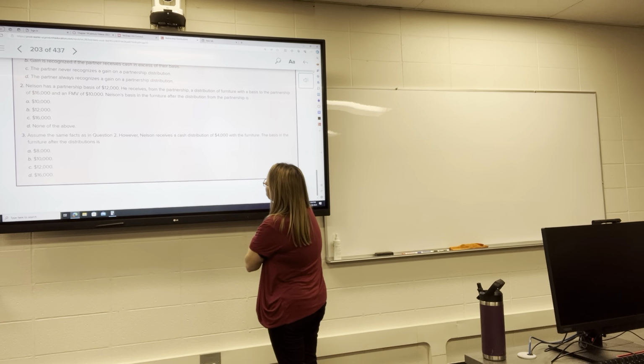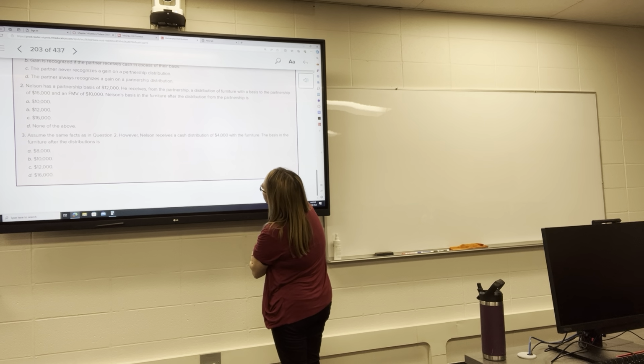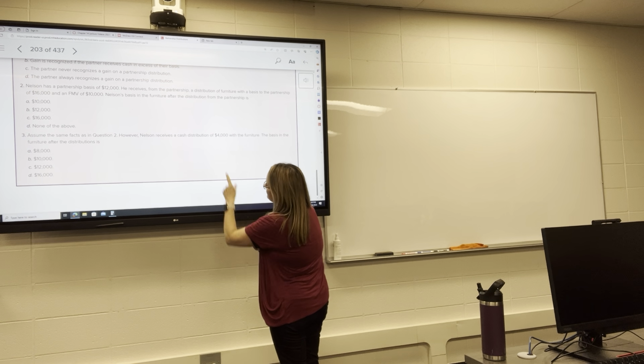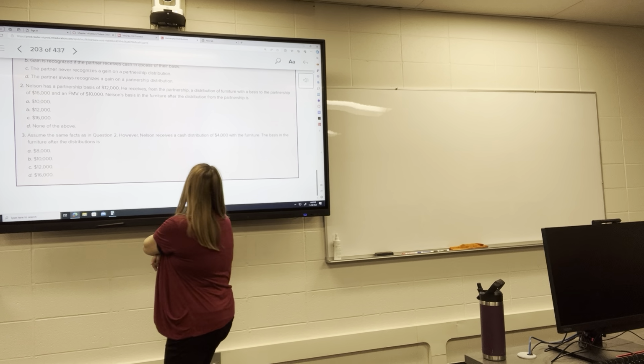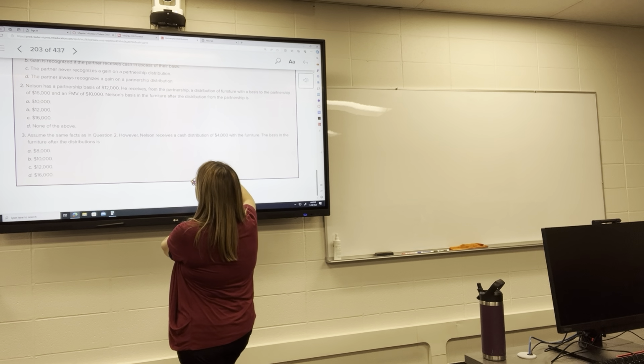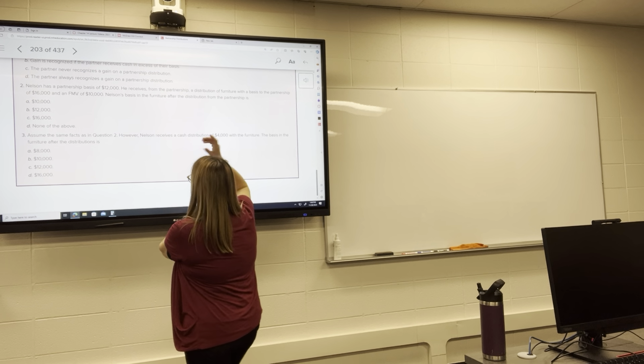All right, in this case, he receives a cash distribution of 4,000 with the furniture. So again, the furniture has a basis of 16,000. So the $4,000 is going to reduce his basis to $8,000. And then the furniture, then he's going to have a gain of the difference between, let me think about this for a second.